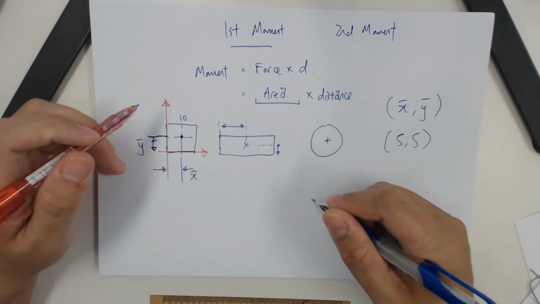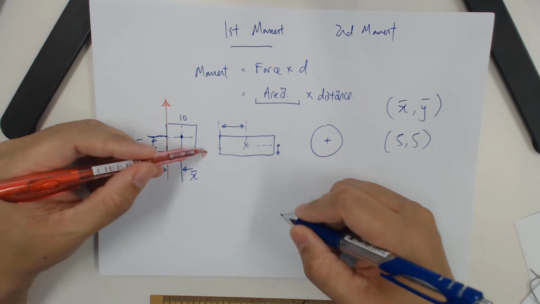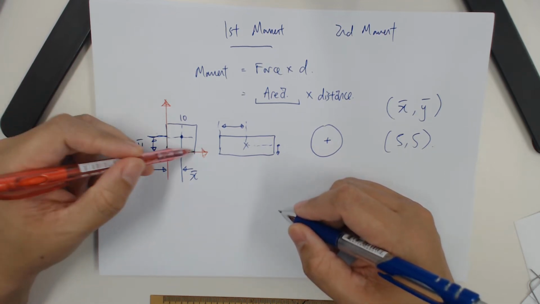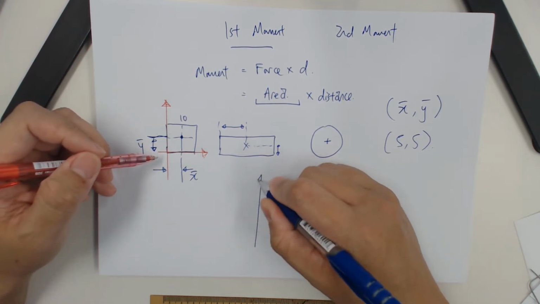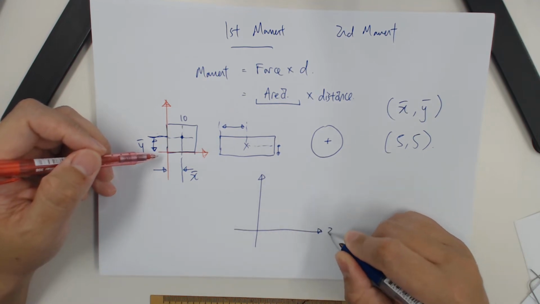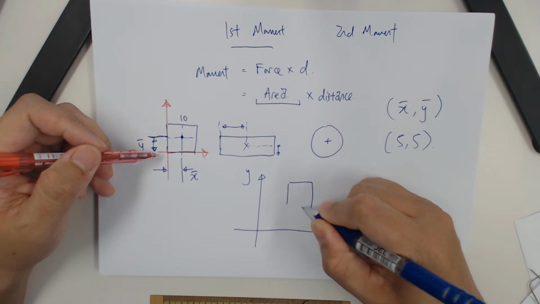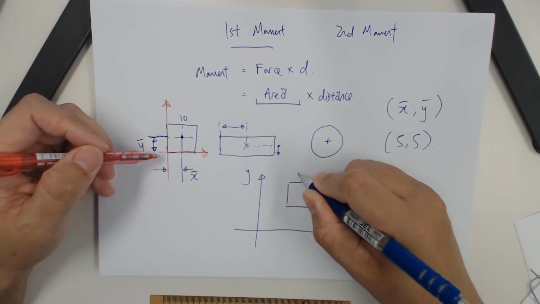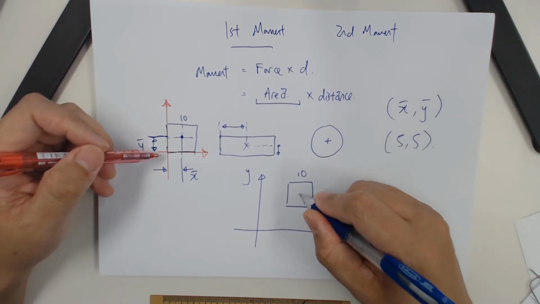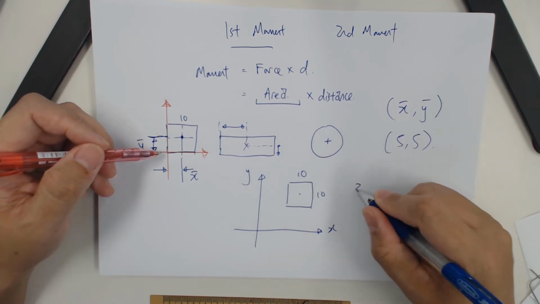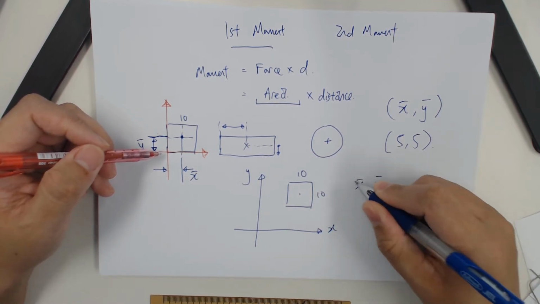Why is this axis so important? Imagine now that instead of placing the x and y axes at the corner here, you place them somewhere else. You have the same square over here, 10 by 10, but now give me the location of x bar and y bar.